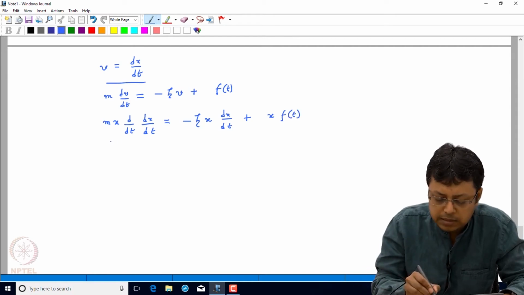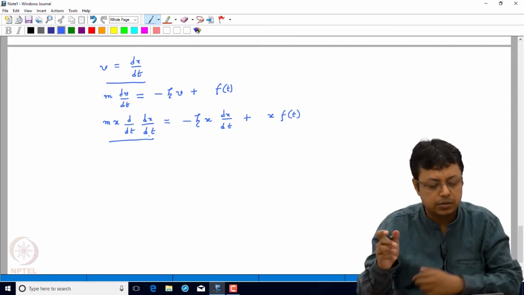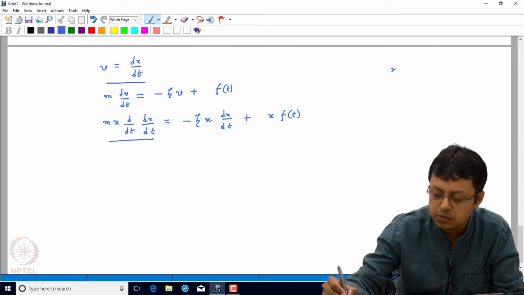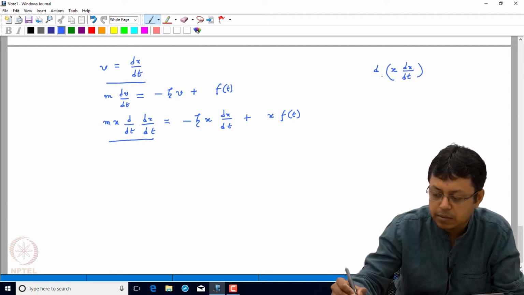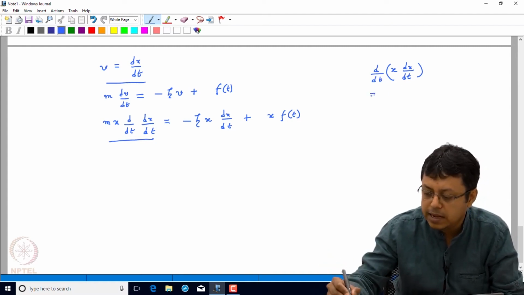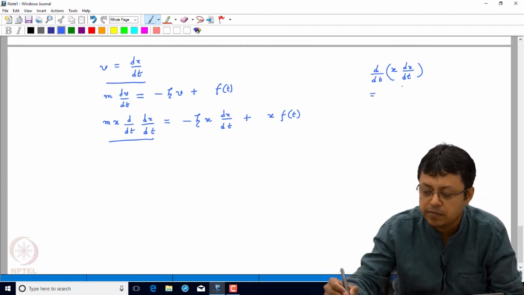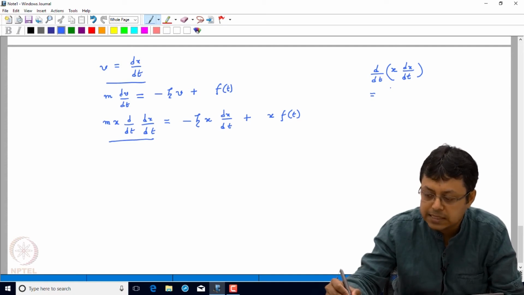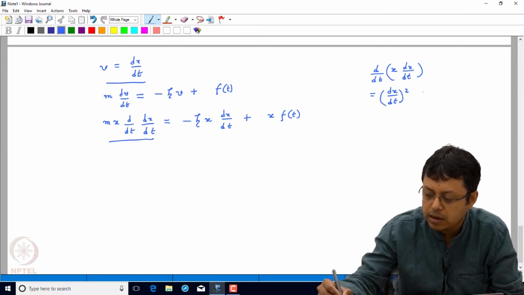So now look at this term, why I multiplied it by x. If you take x into dx dt and take the time average of that, x is the first function, dx dt is the second function, so we get dx dt times dx dt, which is dx dt squared, plus x into d2x dt2.